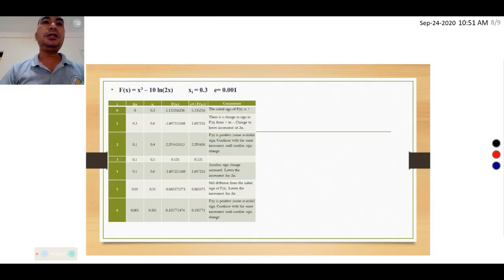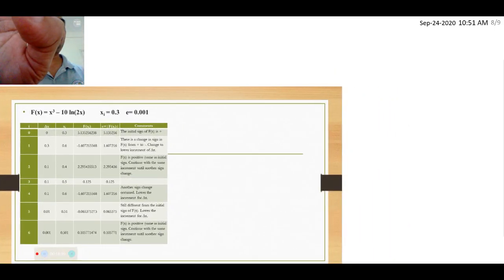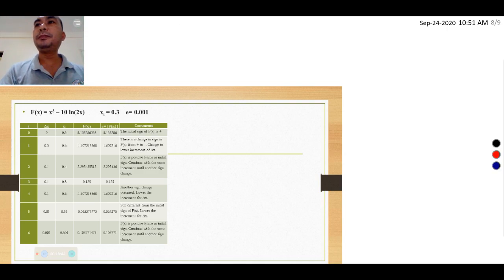So let's continue with iteration number 4.